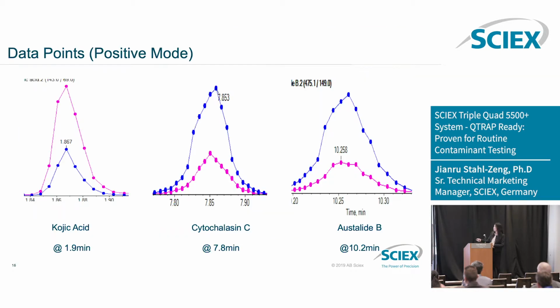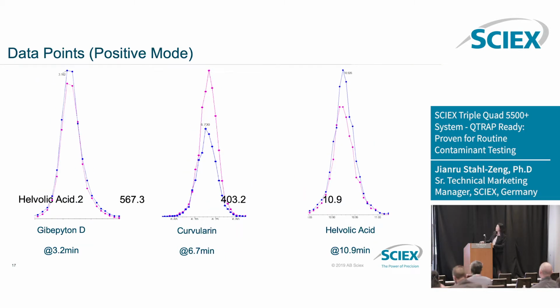If you look at the data points, this is at 1.9 minutes, this 10 minutes, you do get enough data points to ensure your quantitative accuracy, even with about 1,000 transitions. Oh, we forgot to change, there's something wrong. This is in the negative mode. The same thing, you can see about 3 minutes, 10 minutes, you do get enough data points.